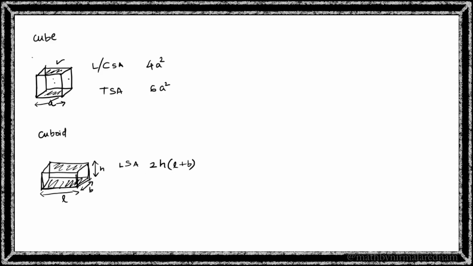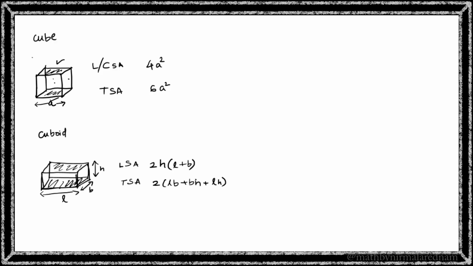Now suppose the cuboid is placed in a different orientation, then you will take accordingly the base as whatever fits the particular sum, and then proceed. Now total surface area, you will include both of these, so you'll get twice of lb plus bh plus lh. Now this is the cuboid, which is, after cube, if you understand cube, understanding cuboid is quite easy.